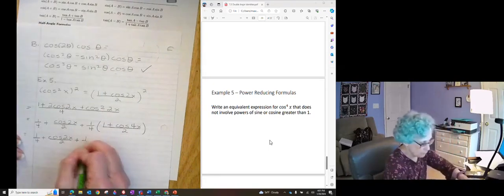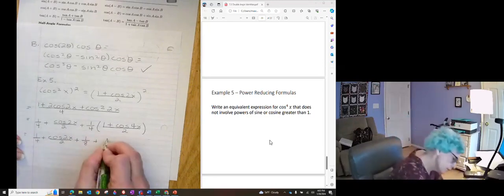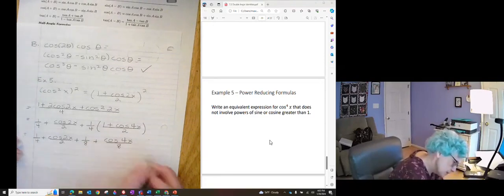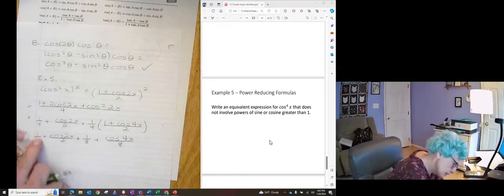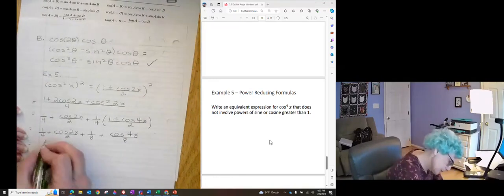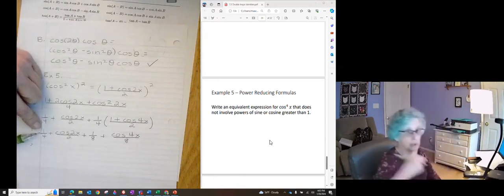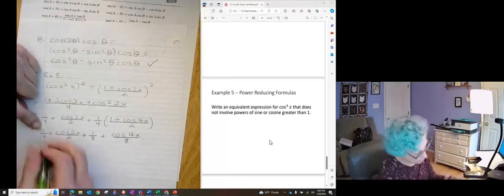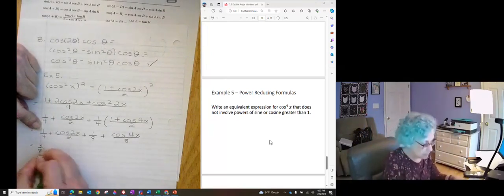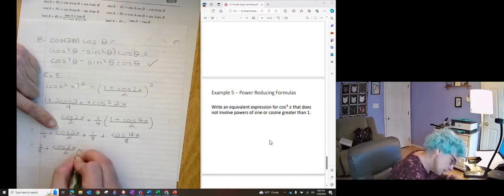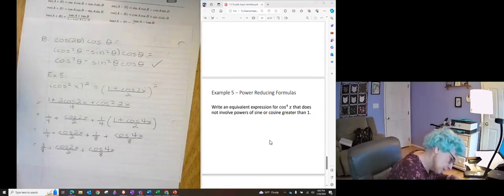I have 1/4 times 1/2, so that would be 1/8 plus cosine of 4x living on top of 8. And I have 1/4 plus 1/8, which gives me, let's see, 1/4 would be 2 over 8 plus 1 over 8, gives me 3 over 8 plus cosine of 2x over 2 plus cosine of 4x over 8.